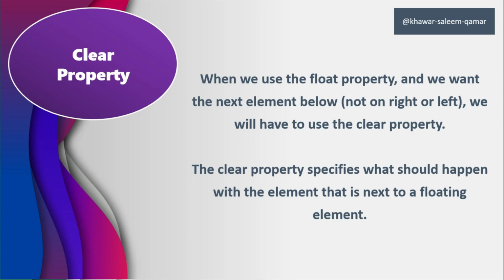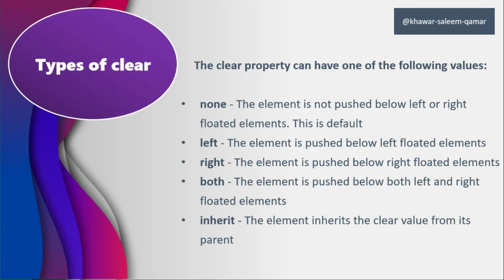Actually, the clear property is used to specify what would happen to the element that comes next in order after the element on which the property is applied. So these are the different values that we can pass inside the clear property. These are none, which is there by default, and it means do nothing, just behave according to the float value we have passed.